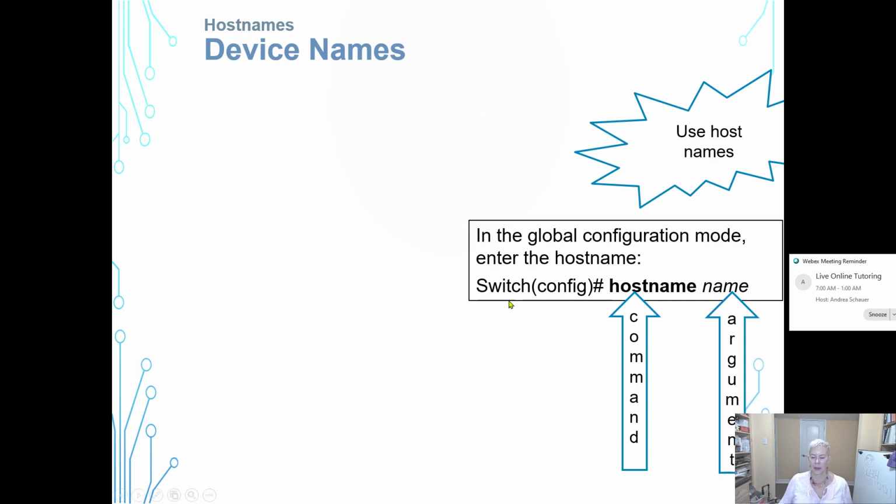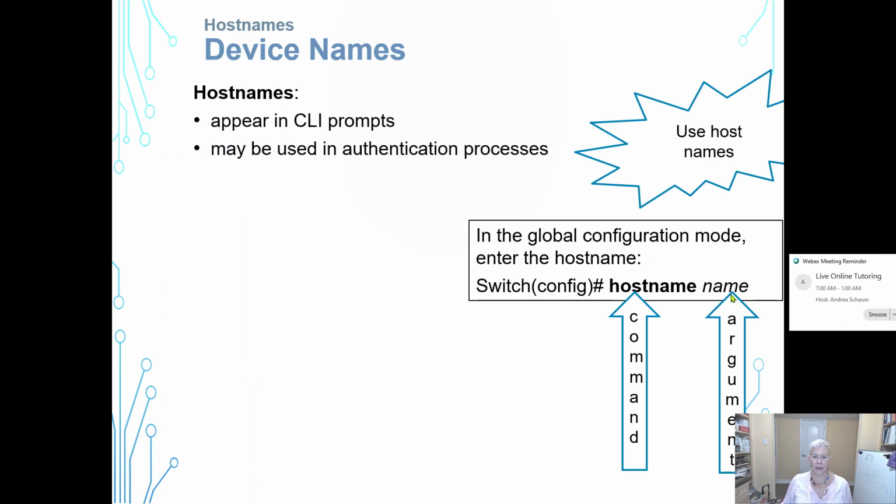If we look at this, here we've got our switch config. So what mode are you in? Global configuration mode. My command is host name. The argument will be whatever name I choose to give to my router, okay? Or my switch in this case. Host names appear in the CLI prompts.